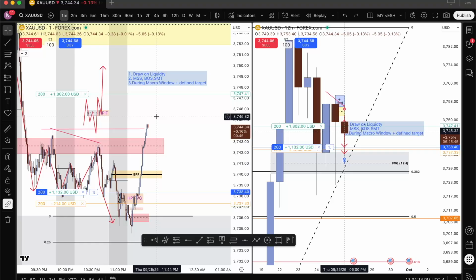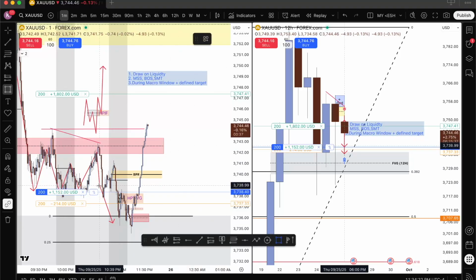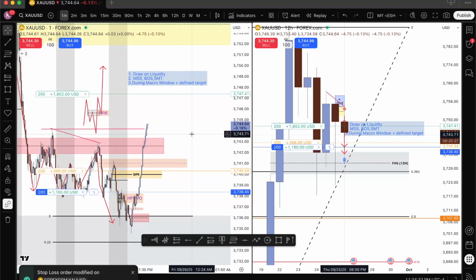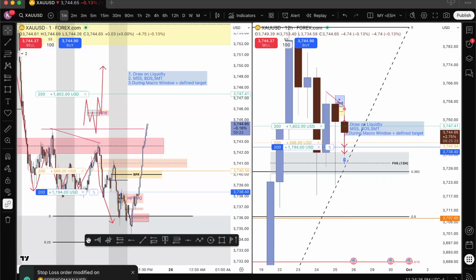And not consolidate, but retrace. Because we're starting to sit on top of all of these inversion fair value gaps, I can at least take break even on the day, on this session.